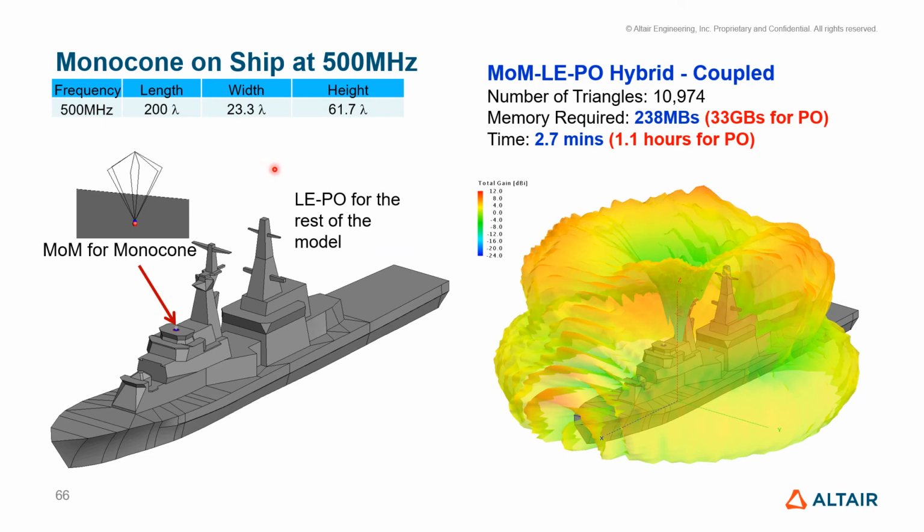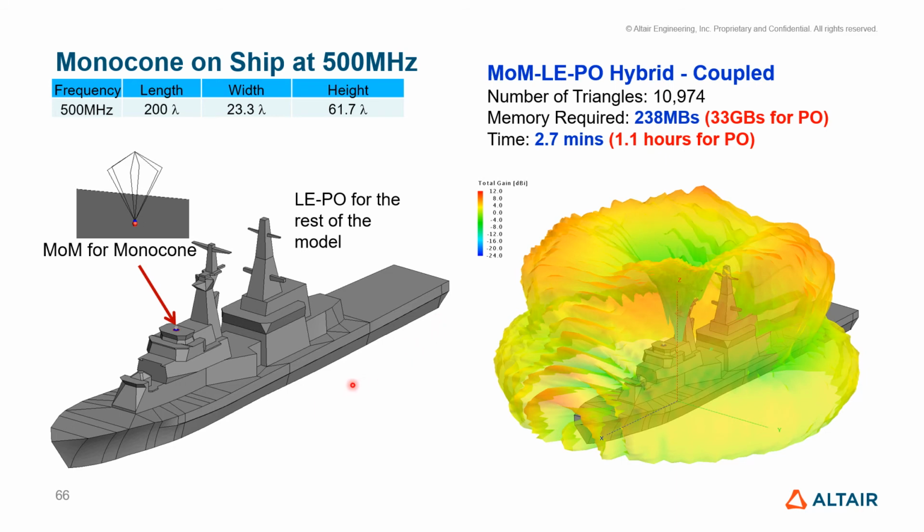We also took the same example as we have seen for the ship based antenna placement at 500 megahertz, where the ship length is around 200 wavelengths, and the problem is with 3 million triangles for normal physical optics. Now, of course, we removed the water because large element physical optics is not yet implemented for the lossy water surface.